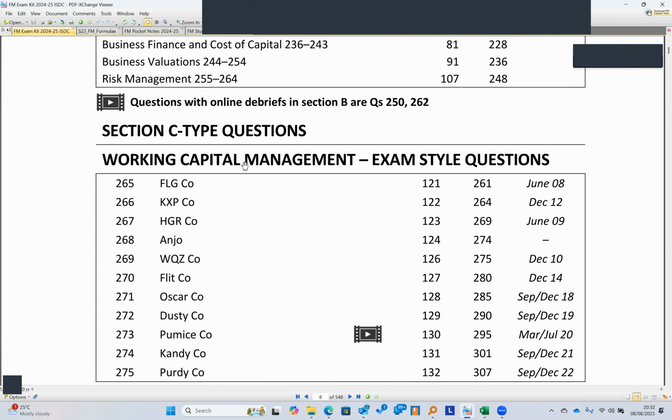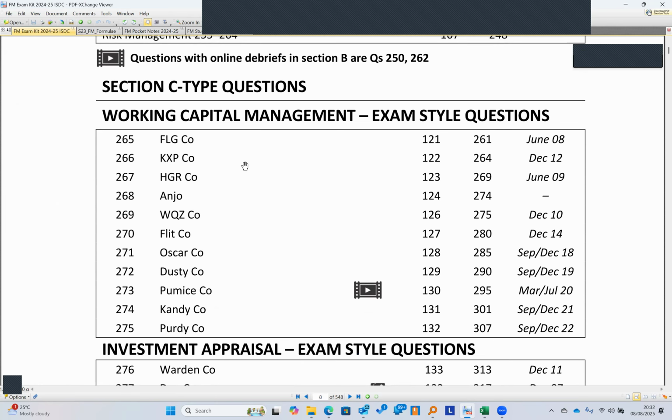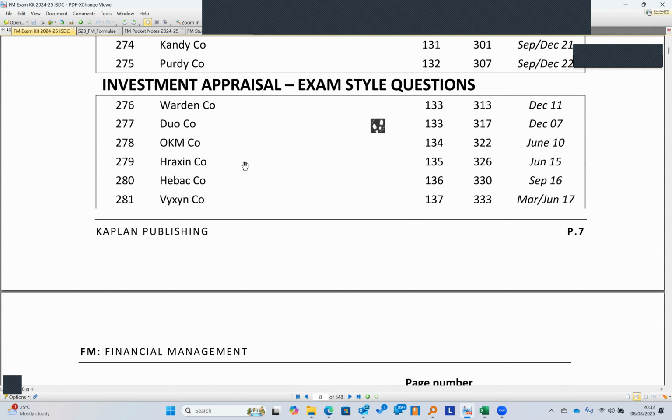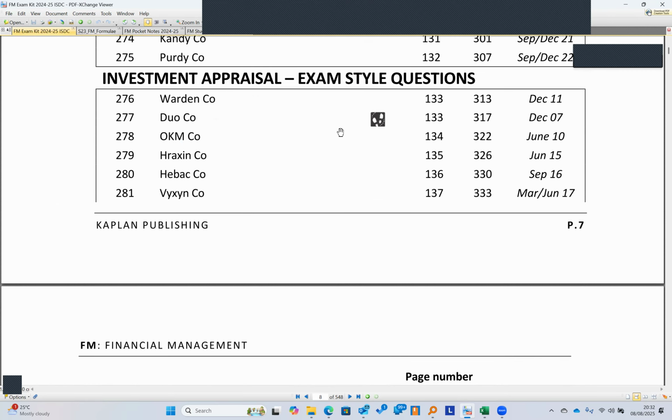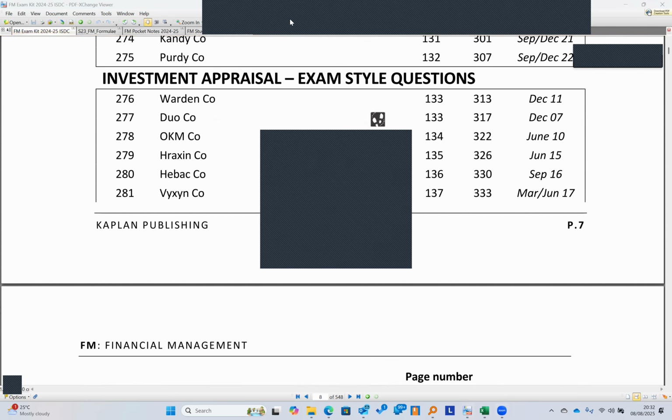Okay. Any section that is more difficult for you that we can focus on more? It was investment appraisal for me. Okay. And working capital I think. Yeah, investment appraisal. Okay. What about you, Rina? Working capital.